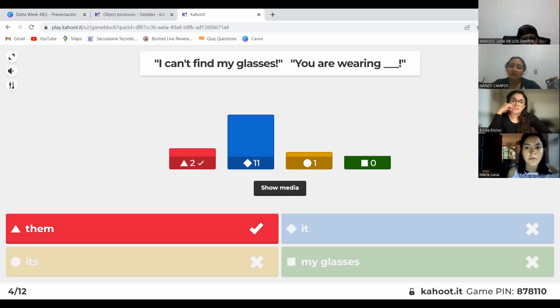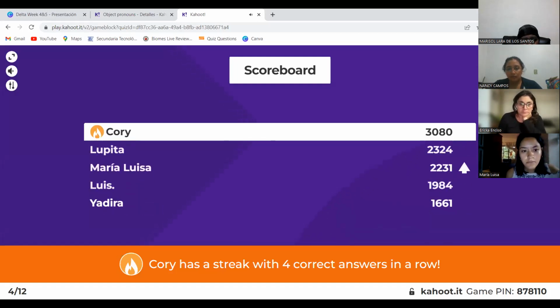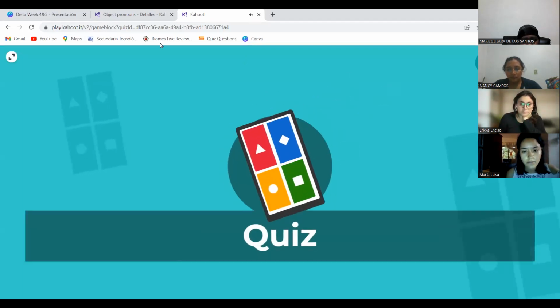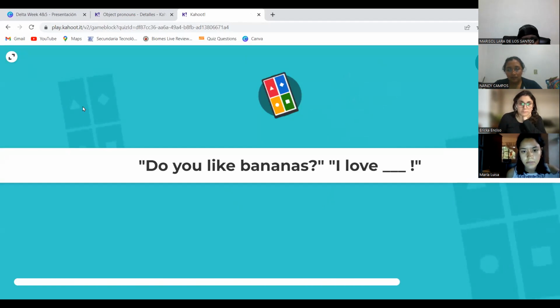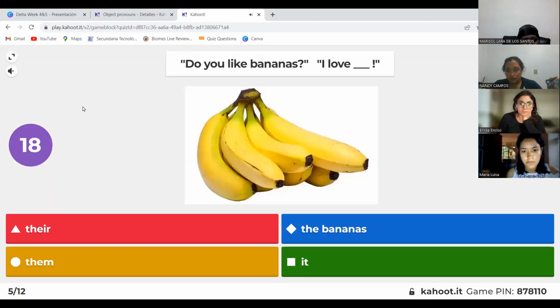Son lentes. Entonces, acuérdense que el they o el them aplica para cualquier plural, aunque sea una cosa. Entonces, you're wearing them. So that's why. Recuerden eso, aunque sean cosas, cuando es plural.